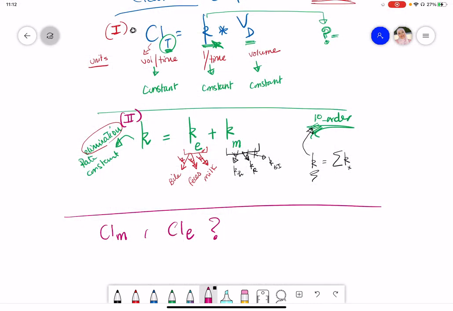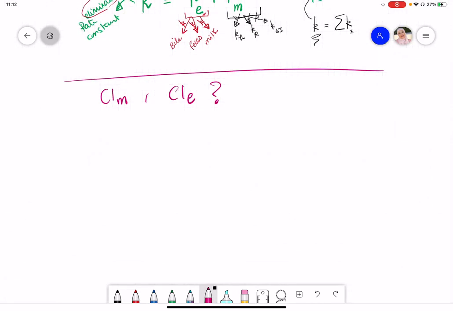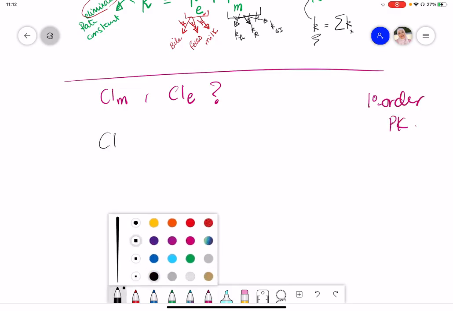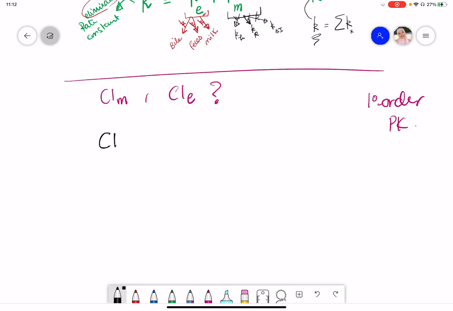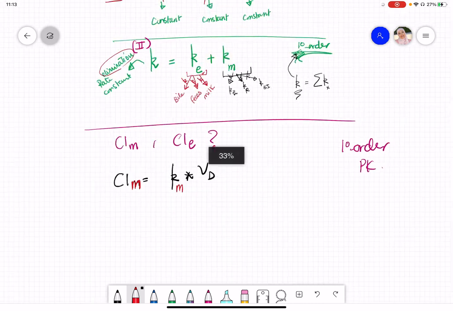Yes, we can, because under first order or linear kinetics, the metabolic clearance would be equal to the constant multiplied by the volume of distribution. But as this is metabolic clearance, it would use the metabolic rate constant, right?